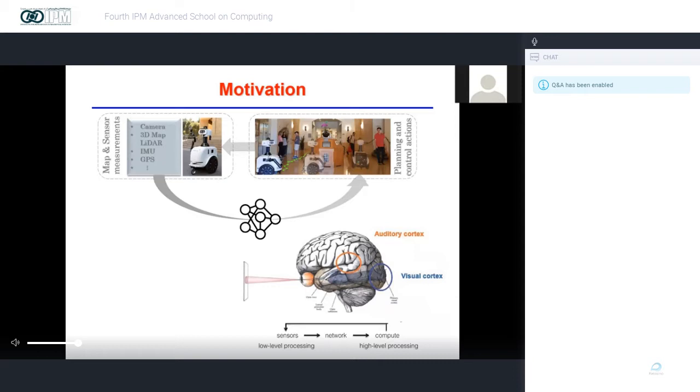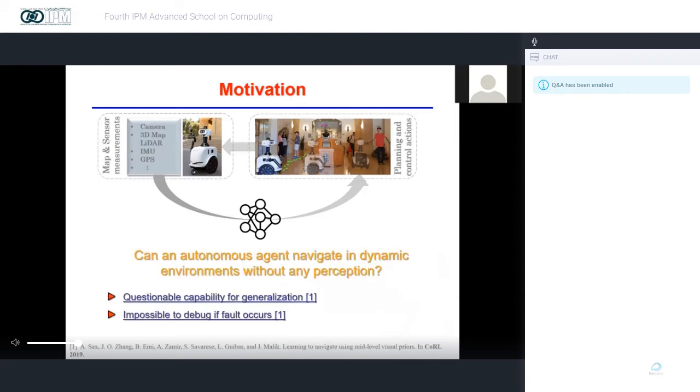But far from the biological perspective of this problem, if we don't have a perception module when we try to do planning with end-to-end learning, one issue is that we don't really know how the model generalizes to a new environment.